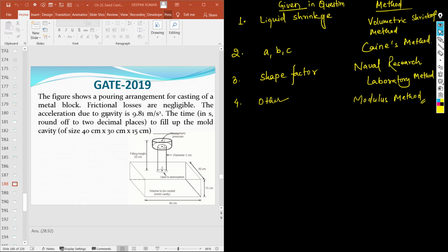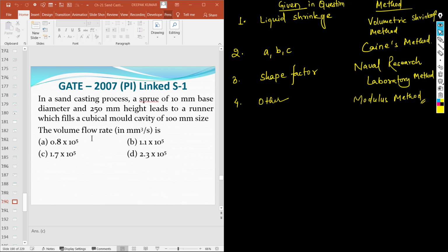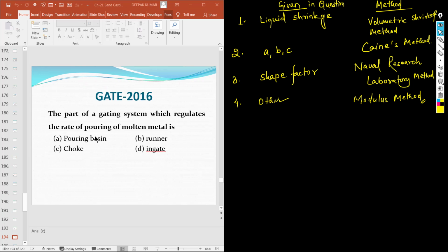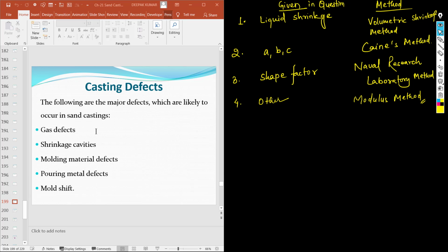Pouring time we have already talked, so pouring time is completed. In the next class we will start casting defects. Okay, thank you very much.